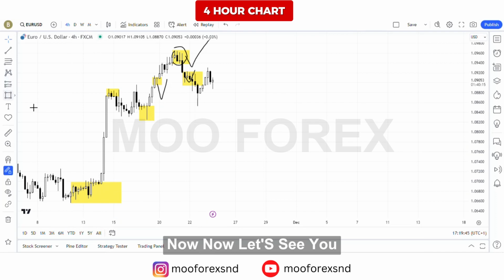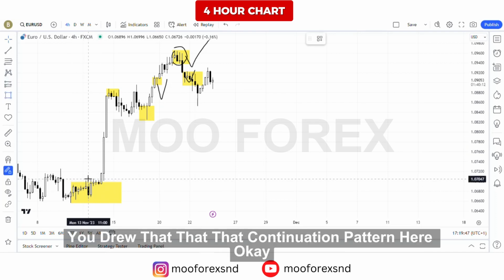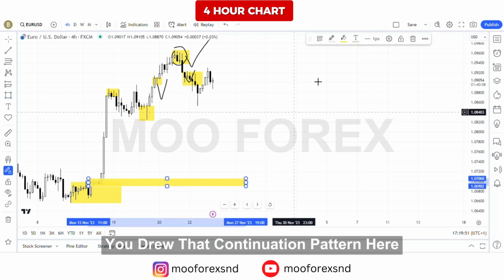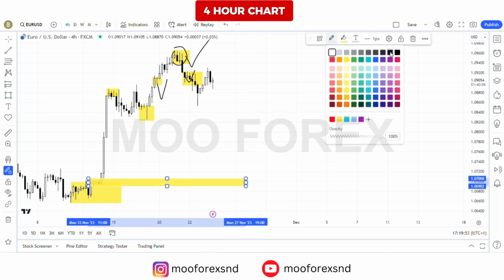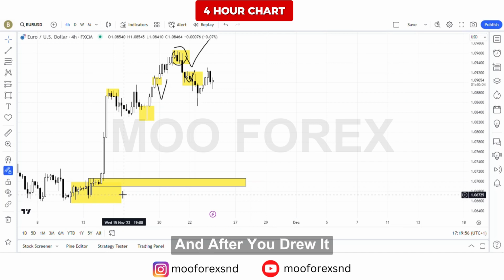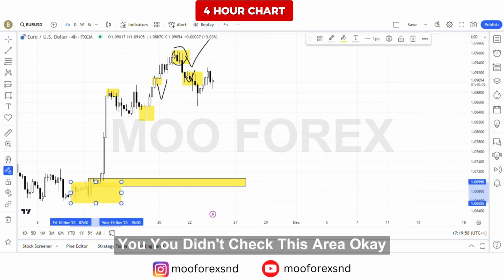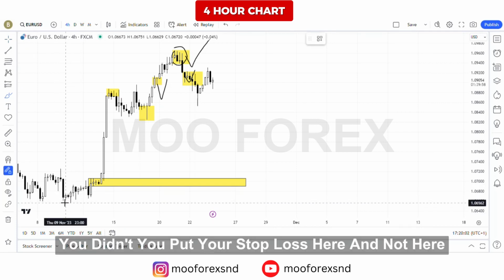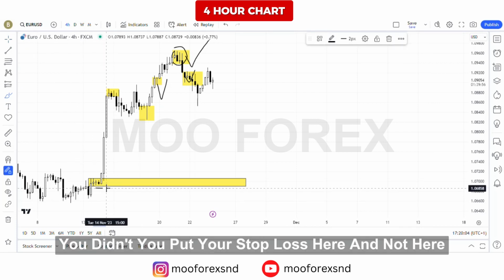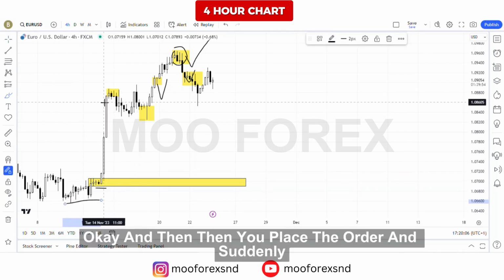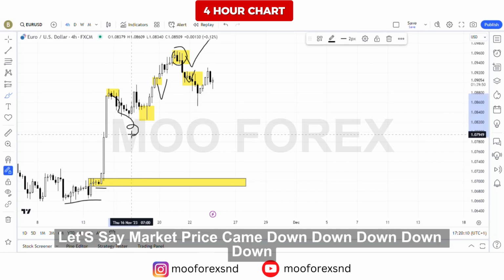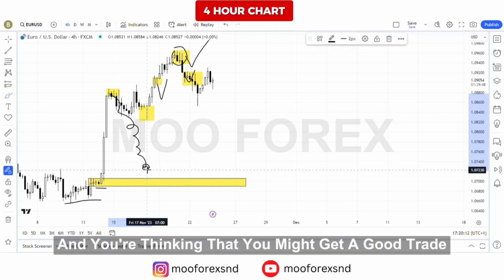Now let's see, you drew that continuation pattern here, and after you drew it, you didn't check this area. You put your stop loss here and not here. Then you place the order, and let's say market price came down, and you're thinking that you might get a good trade.